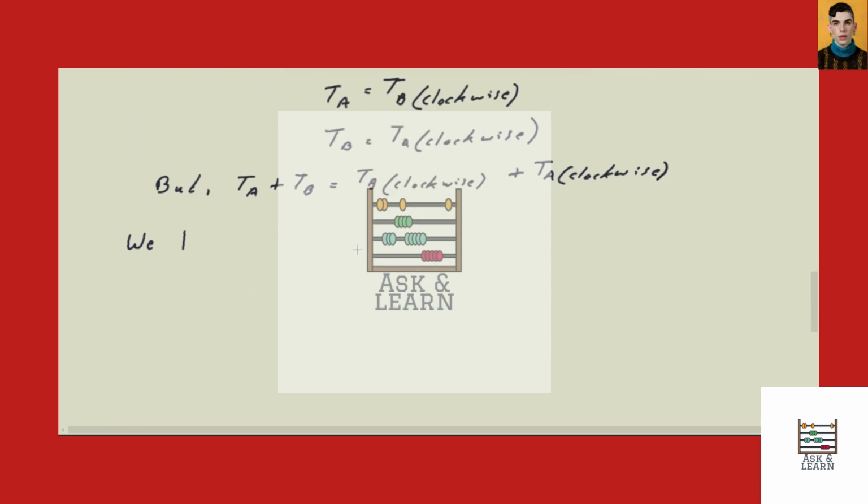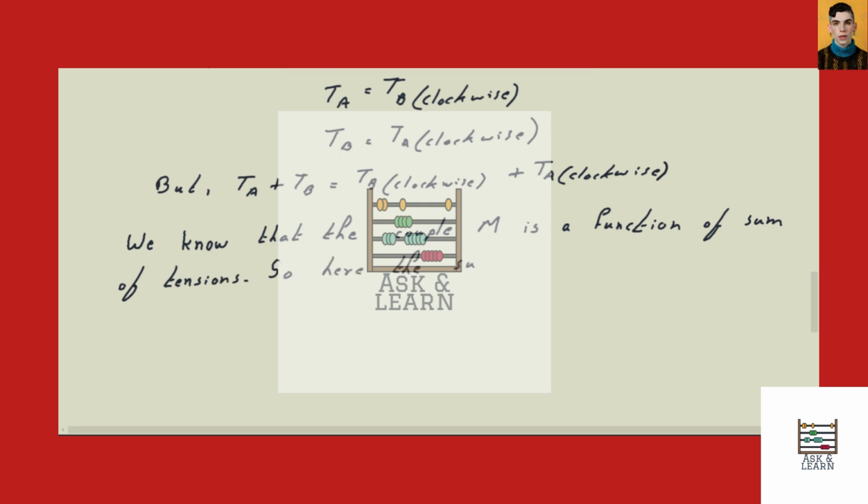So here we can see the sum doesn't change. Only the values get swapped when the rotation changes. We know that the couple M is a function of the sum of tensions. Here the sum is constant. We just proved the sum is constant.